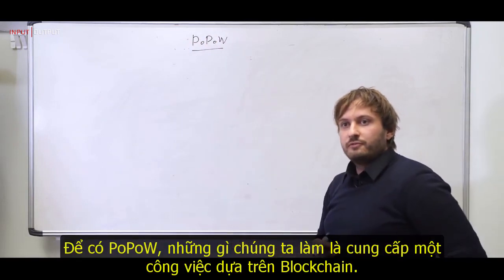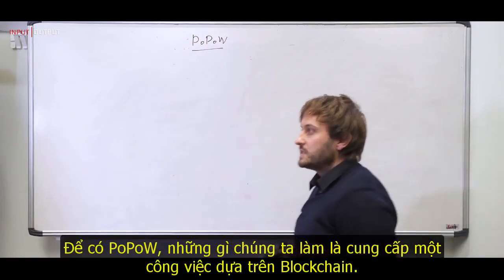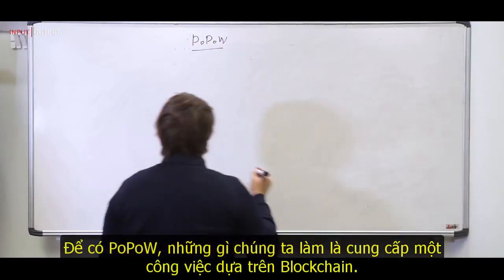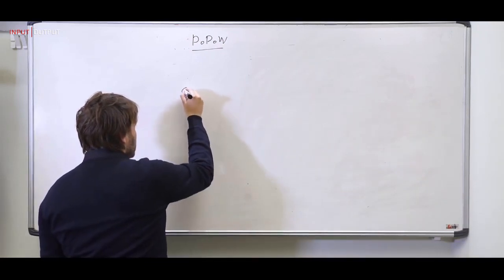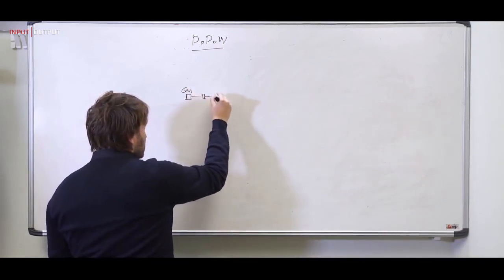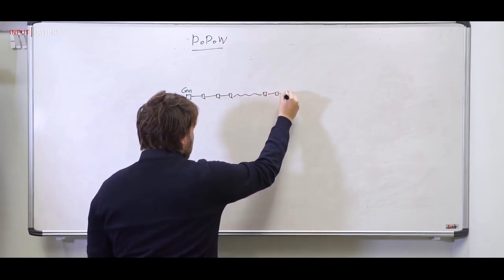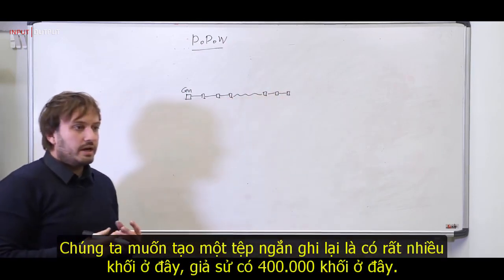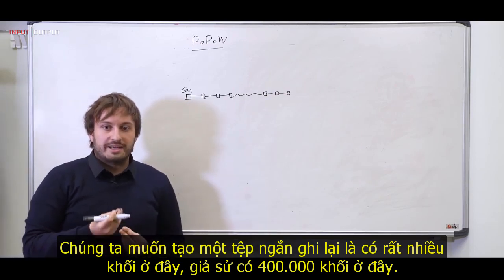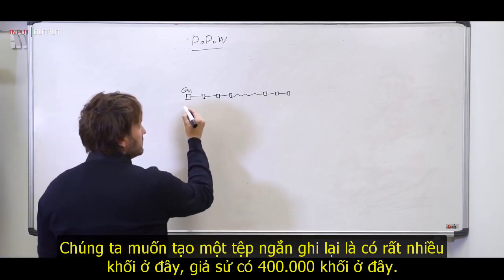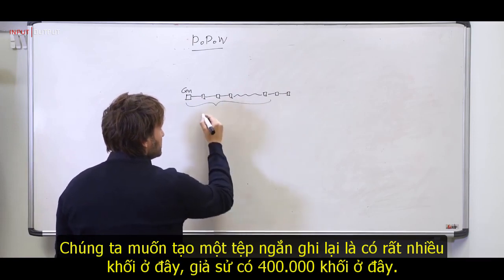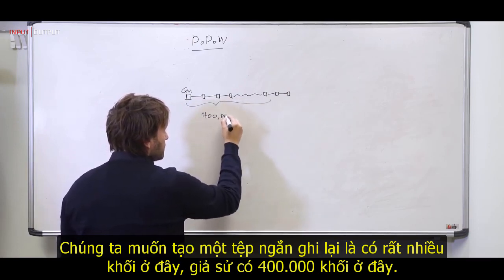So for proofs of proof of work, what we want to do is, given a work-based blockchain, create a short file that captures the fact that there are so many blocks here. Let's say there are 400,000 blocks here.